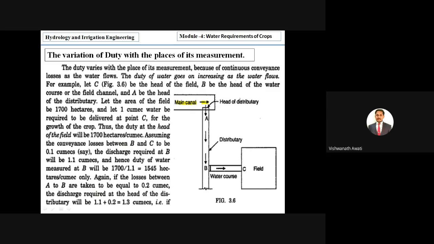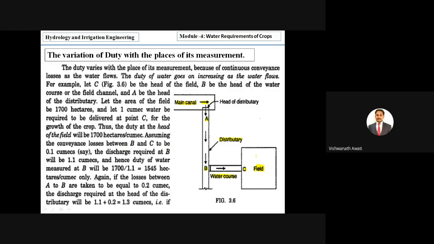The main canal is diverted to distributary canals, flowing towards A, then near B, then going to the water course. So there is a main canal, distributary canal, then water course to the field. The flow is towards A, then B, then C. C is for the field.